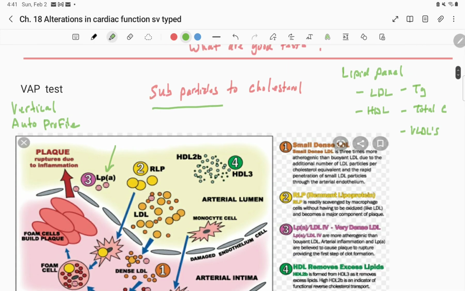There's one in particular that the VAP test, also known as the LPP test, which is lipid particle profile, we'll look at, is called the LPA. Okay, the LPA and the ApoB.